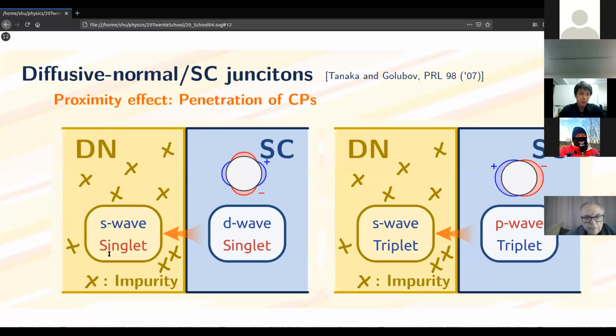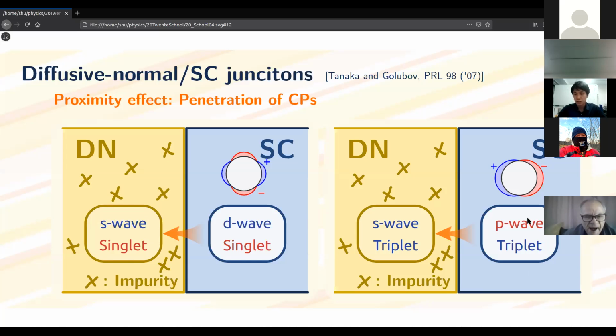However, the diffusive normal metal is in the dirty limit, which means that only the isotropic S-wave pair can survive in the diffusive normal metal. So then we have an S-wave spin singlet Cooper pair in the diffusive normal metal. And this pair satisfies the antisymmetric relation.